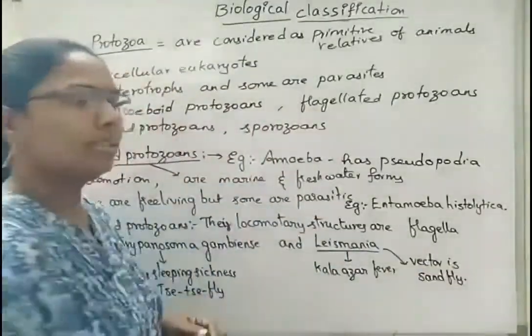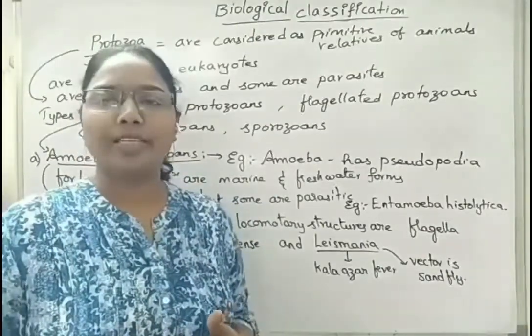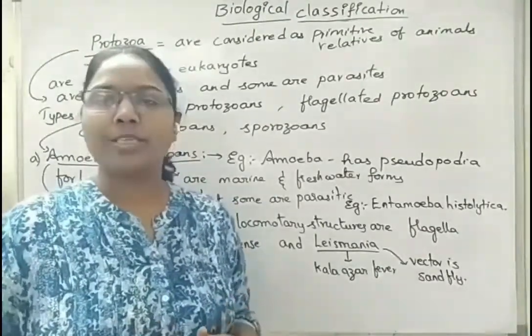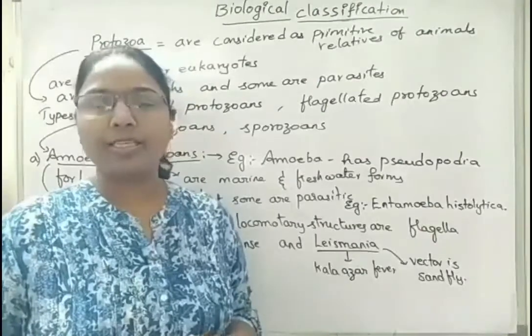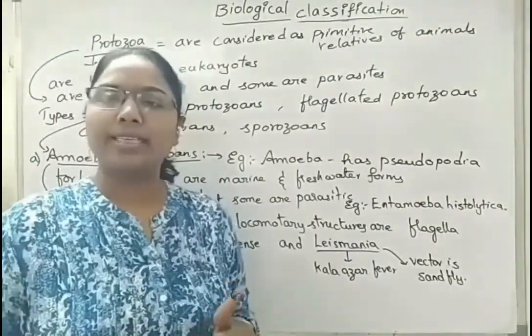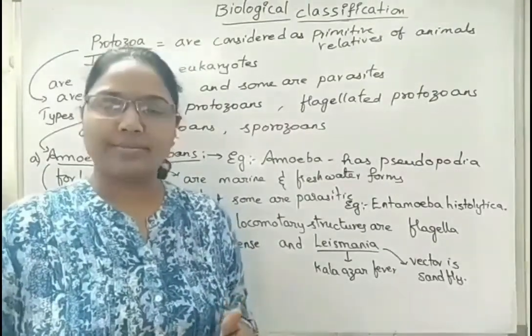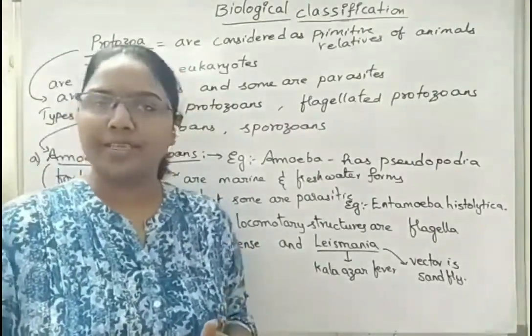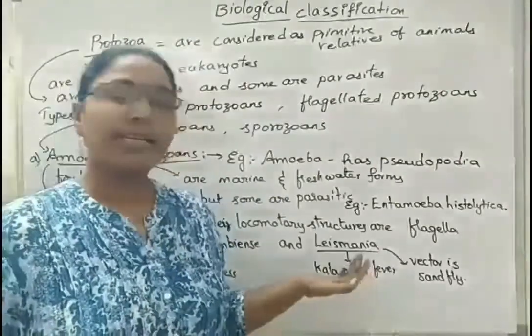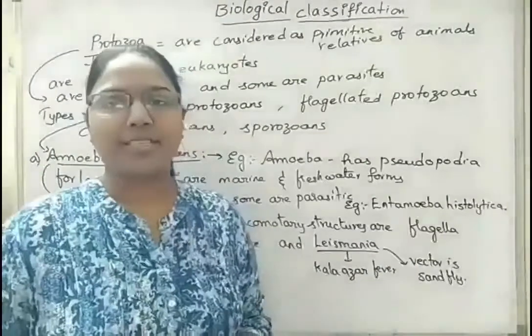How do we know that? In malarial fever, the vector is the female Anopheles mosquito, and for Wuchereria bancrofti, the vector is the female Culex mosquito. Likewise, Trypanosoma gambiense causes sleeping sickness, and Leishmania causes Kala Azar fever, with the sand fly as vector.